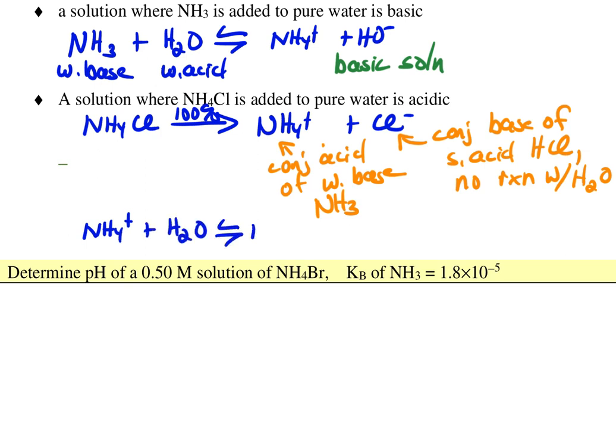Our products are going to be H3O+, the source of our acidic solution, and the weak base ammonia. So this is going to be an acidic solution. We have a weak acid in solution. We're going to generate an acidic solution.